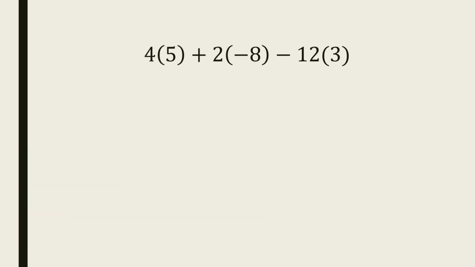In our first example, we have the expression 4 times 5 plus 2 times negative 8 minus 12 times 3. If you want to give it a try, you can pause the video and solve it yourself. In order to solve the expression, we need to perform the order of operation. Let's first write down our acronym, PEMDAS.